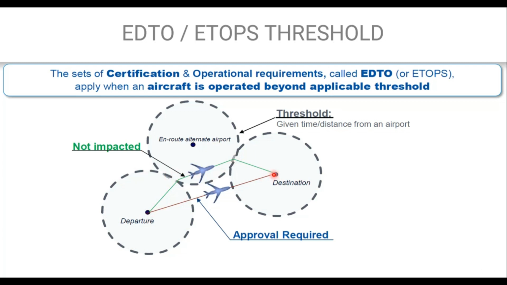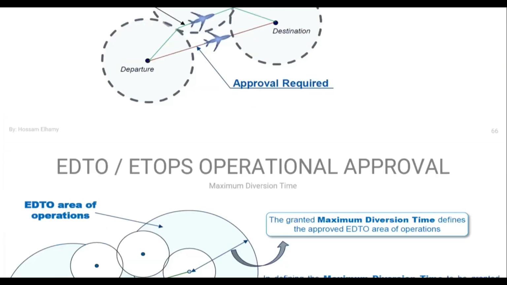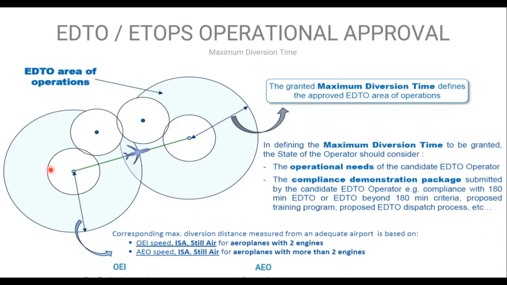Whereas if I have an approval for EDTO, I can go directly between point A and point B. So shorter distance and better utilization for the aircraft. This is why aircraft approved by EDTO, approved for extended range, will have a better market value than the aircraft that is not approved by EDTO.